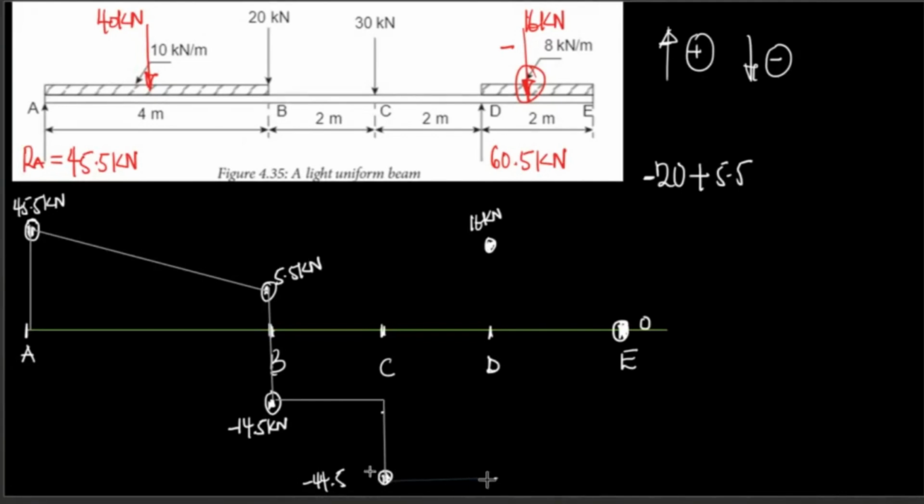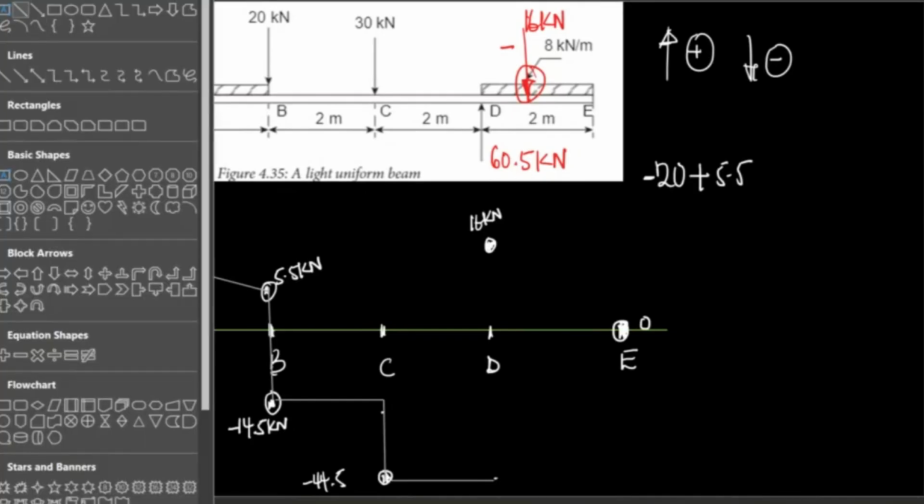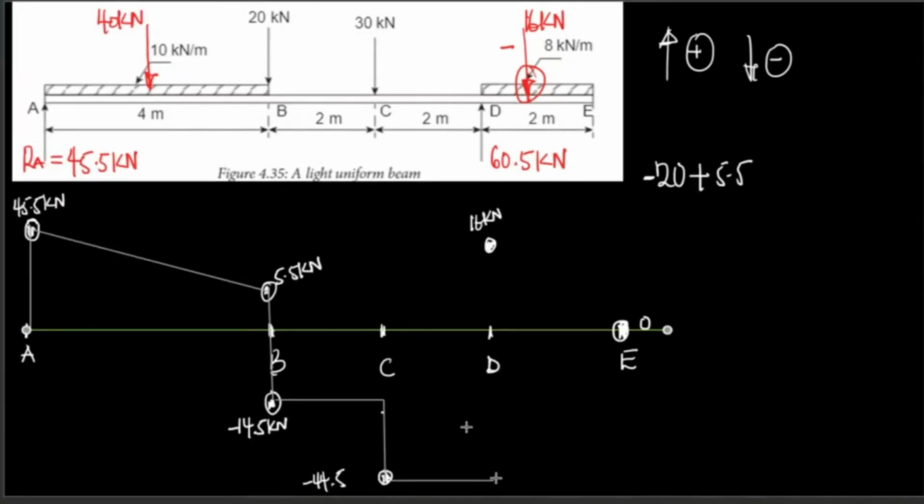Between C and D, there is no force. It's going to be a horizontal line. You draw the horizontal line to D there. You can tick it. And then you draw a straight line from that point up here to 16.